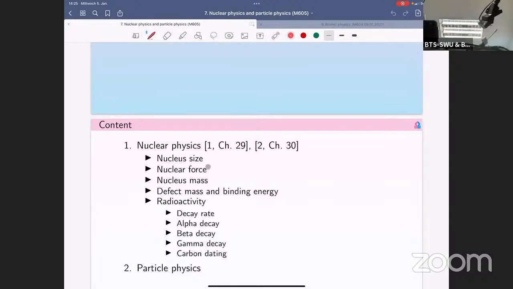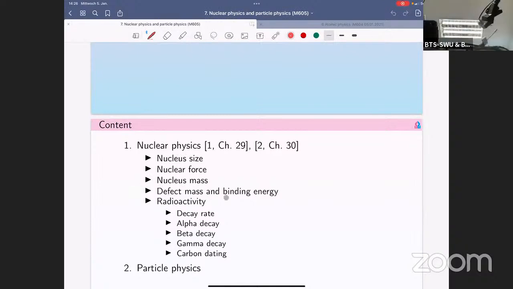And we will talk about the nuclear force, which is the force that tries to combine several particles together. And the nucleus mass. The mass will be transferable to energy, as in the formula E equals mc squared.